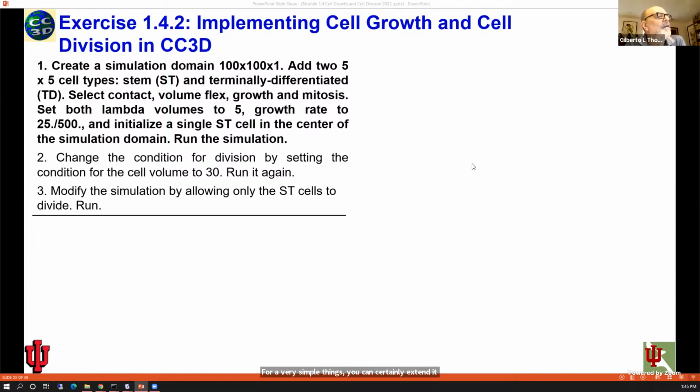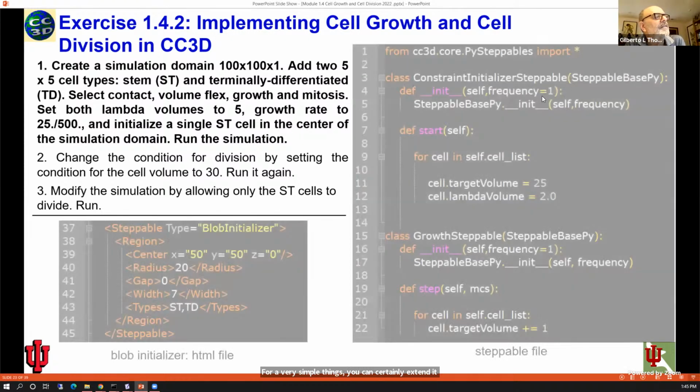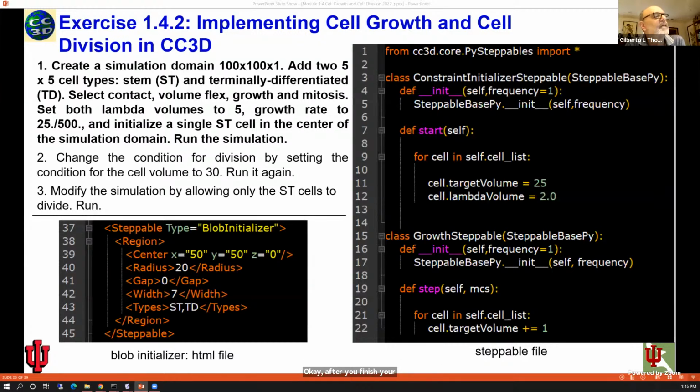Okay, after you finish your wizard, this is how your simulation looks. In the left image here, since you have two kinds of cells at the beginning, the blob initializer will write those two types here in line 43 of the image, ST and TD.